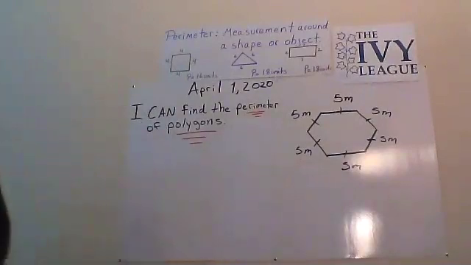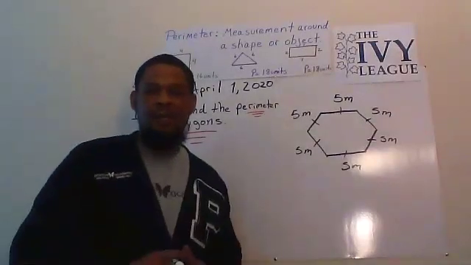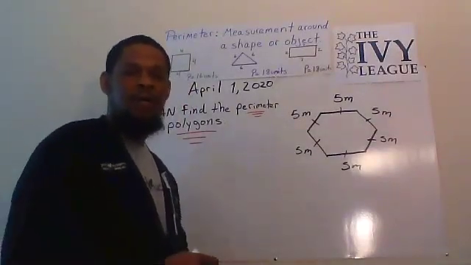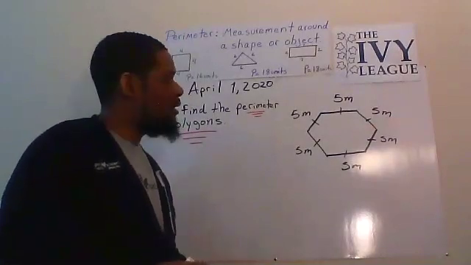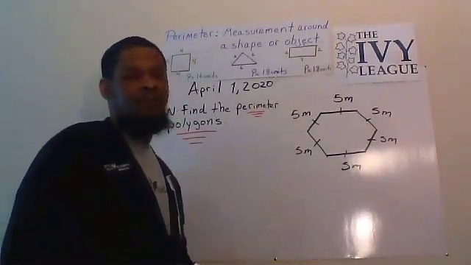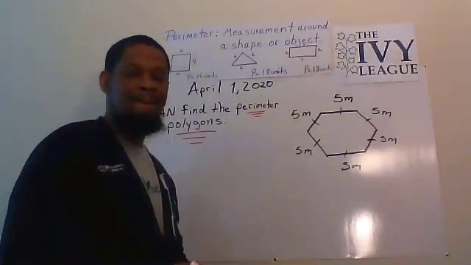Begin. All right, excellent job. I see a lot of scholars already. Can I have a volunteer to give us the equation you used to find the perimeter of this hexagon?